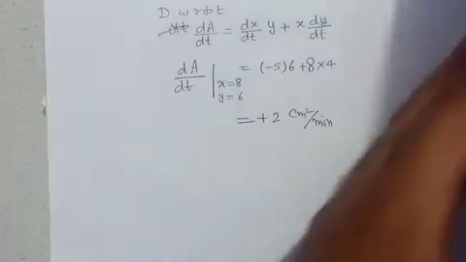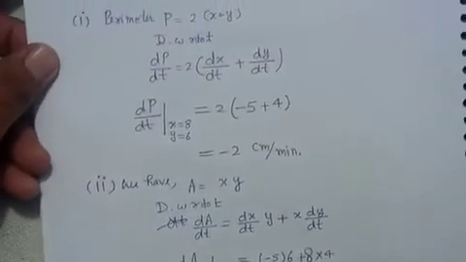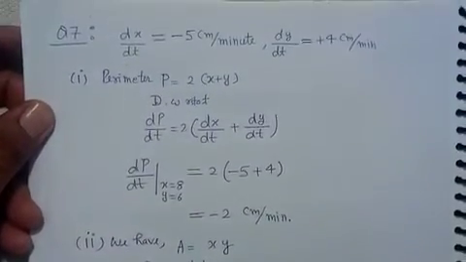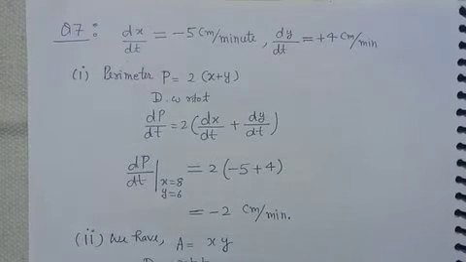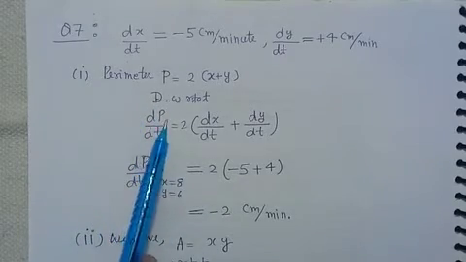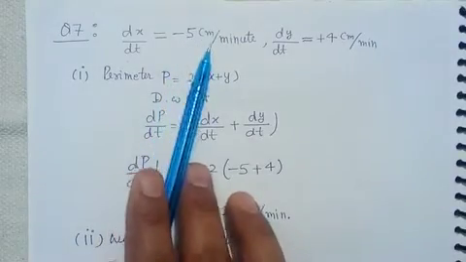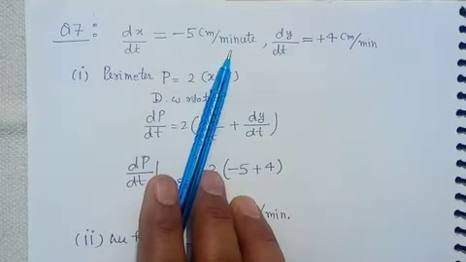Next is question number 7. So first read question number 7 from your textbook. The length x of a rectangle is decreasing at the rate of 5 centimeter per minute. It is given in the question length is x.